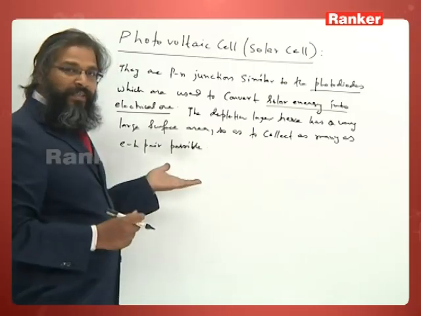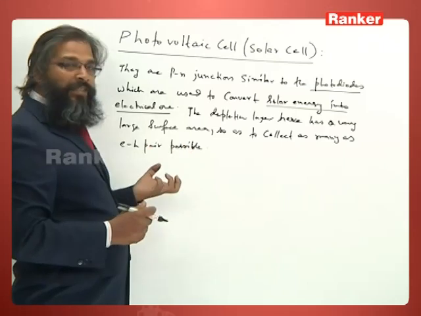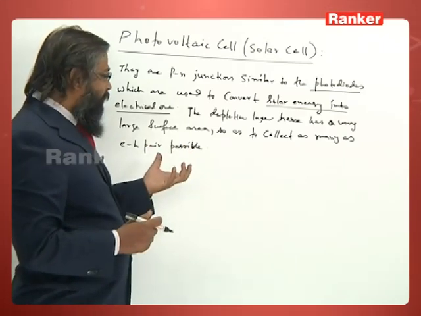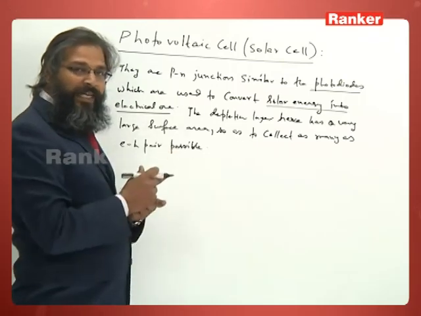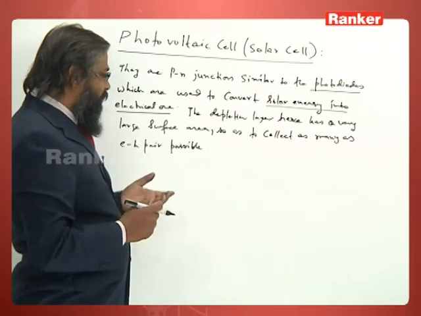There is no biasing because we have to collect the electrons to the N side and holes to the P side, and when they are connected, they supply the electric current.